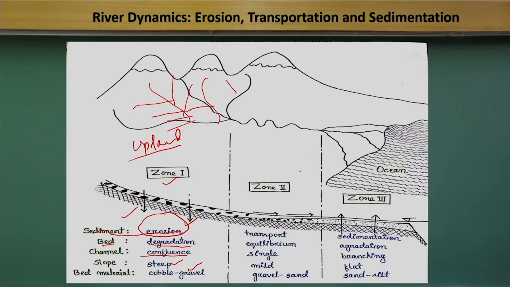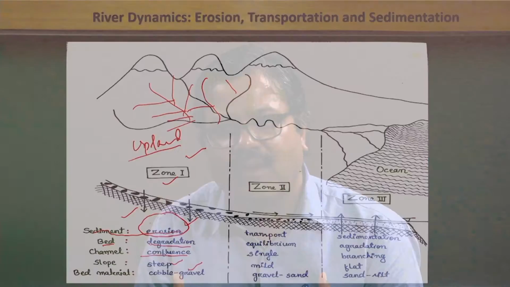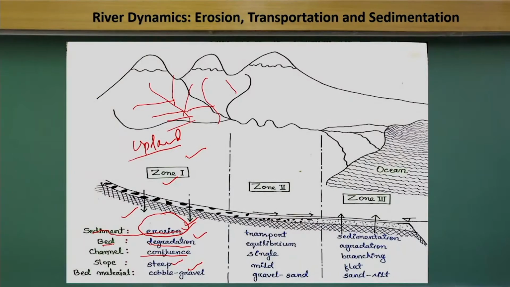So if you look at Zone 1, which is the upland area, the source of water and sediments, the dominant process is erosion. The river bed will be in a degradation status, the channels are confluencing with each other, the slope will be steep, and the bed materials more often are gravel. The size of the bed material is much larger as compared to the next zone.